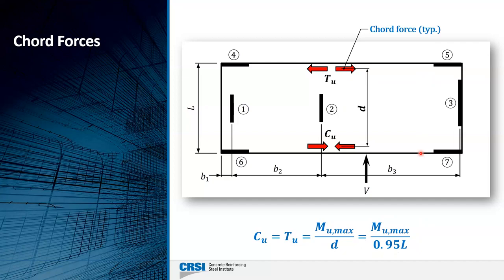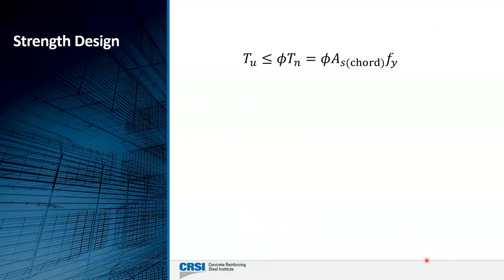Now, as we know, this is a very simple approach, but like I had mentioned earlier, it's going to give you good results when the building is simple like this, compared to your computer output. So again, we're not too worried about the compression. It's the tension that we worry about. We calculate what that force is, and we set up our basic strength equation where that T sub U that we just calculated has to be less than or equal to the design strength in tension.